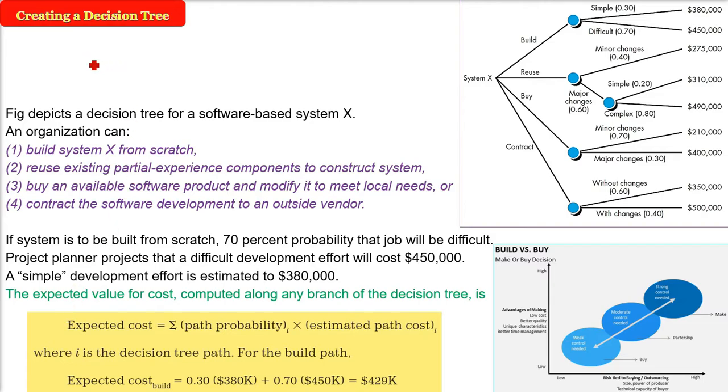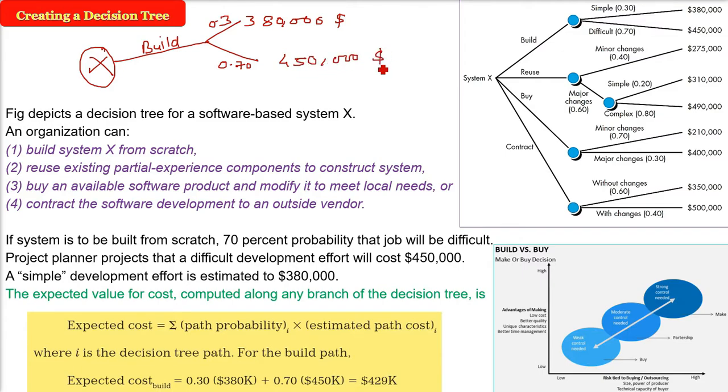Let me tell you how we will compute it. Now we have an X system and we would like to build it from scratch. The organization already knows there is a 70% probability that the difficulty will be there, and a 30% probability it will be smooth and simple, and the cost is estimated on these two. The first one is 380K, that is $380,000. For the difficult part, it is known that this will be 450K.